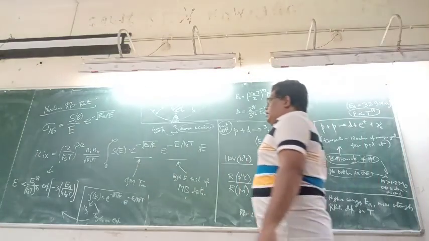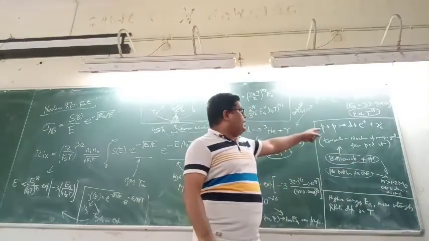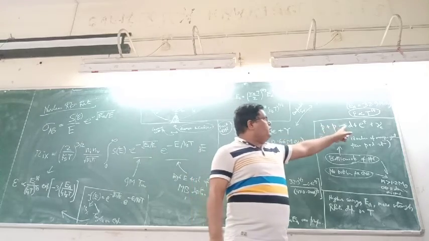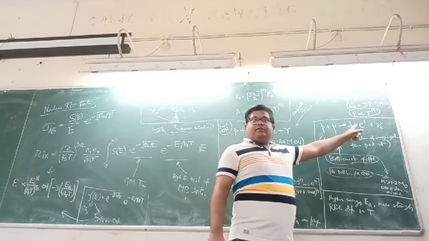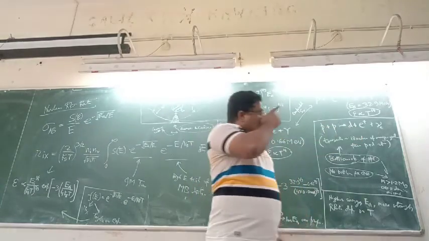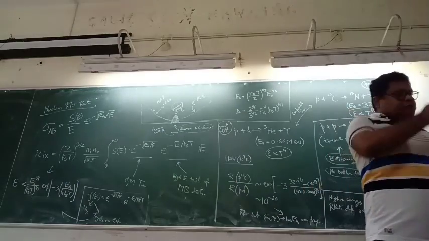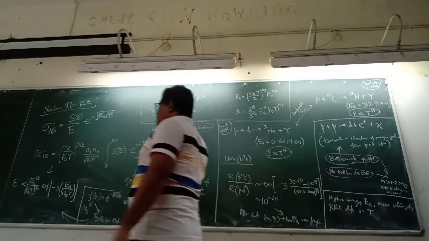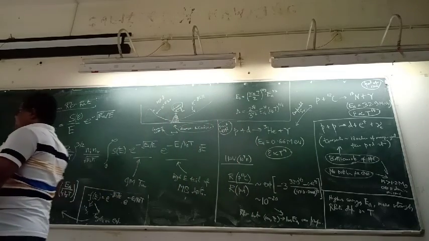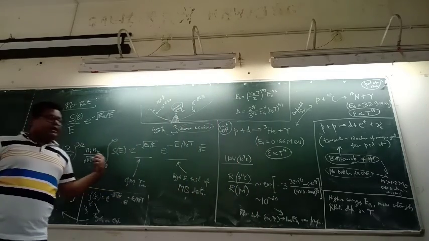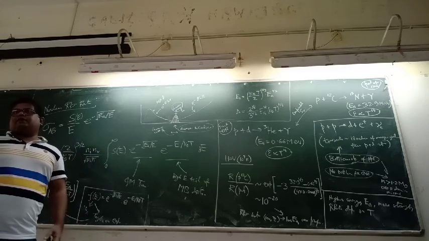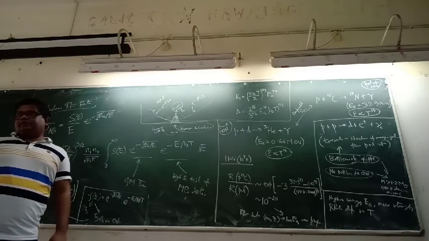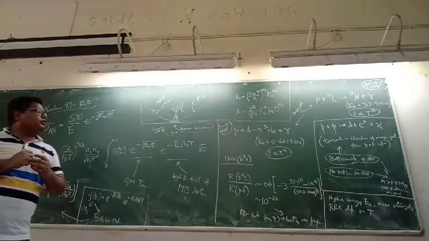One more thing: you remember this reaction, proton plus proton forming deuterium plus, right? It can be shown that if we use this reaction and put in all the values over here, then we can explain the solar luminosity. It can be shown over there.